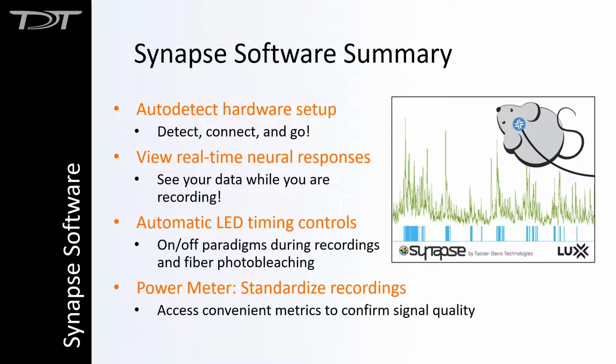We have automatic LED timing controls. You can control the LEDs for long-term recordings, turning them on and off, and you now have a timer for photobleaching. And then finally, we have added in the power meter for standardized recordings, and the whole idea here is just for having access to convenient metrics to confirm your signal quality and overall improve the quality of your fiber photometry recordings.